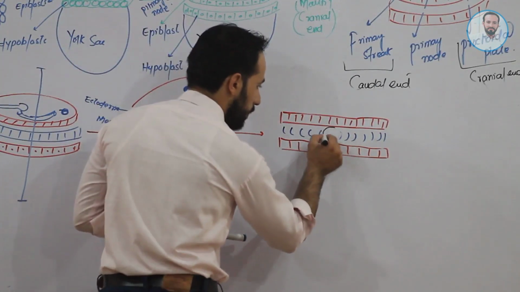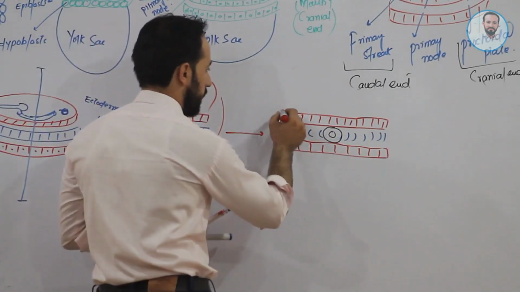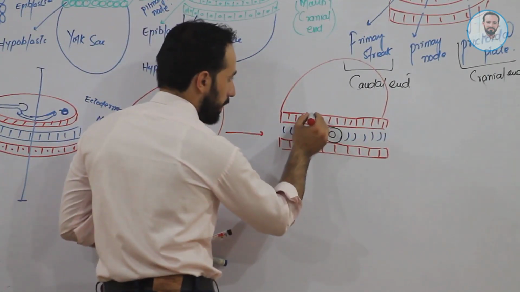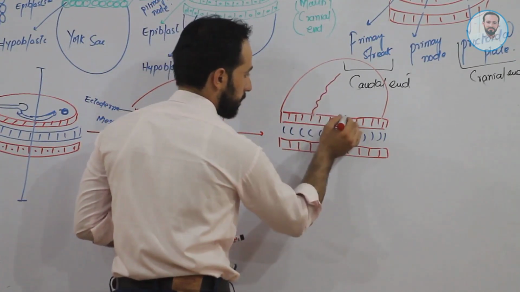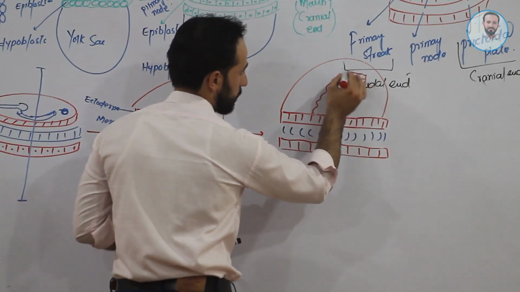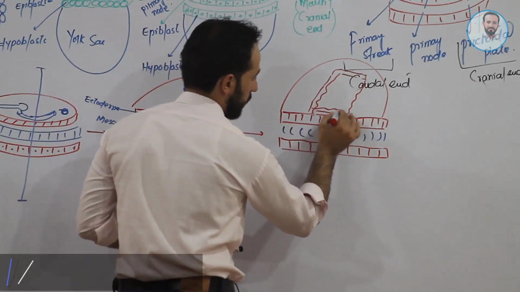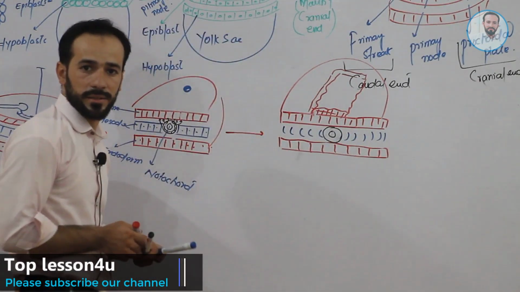And here is our notochord. Now some cells in the center of this ectoderm have divided and have made this layer a little thicker. Like this. So this layer has been made a little thicker.